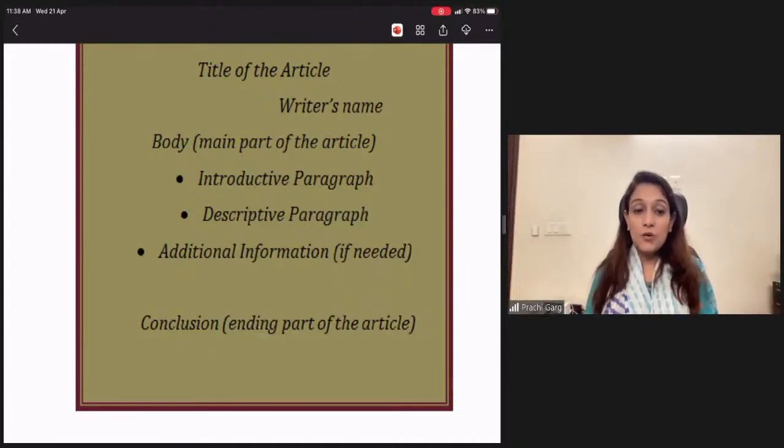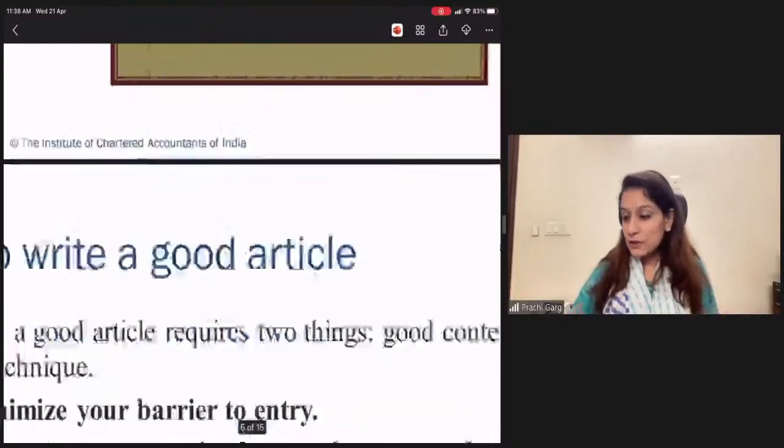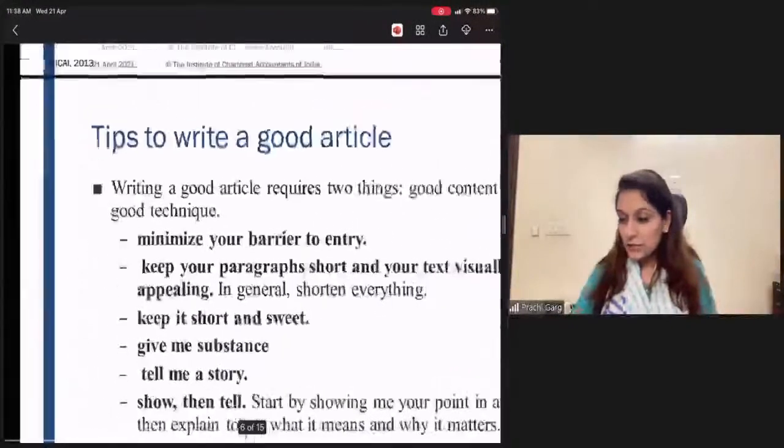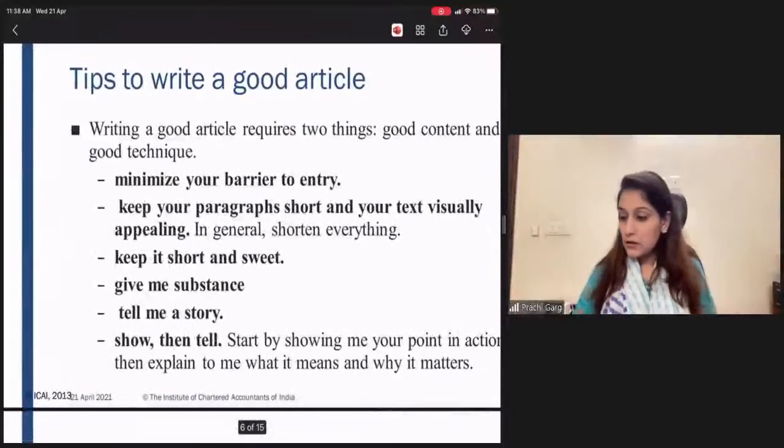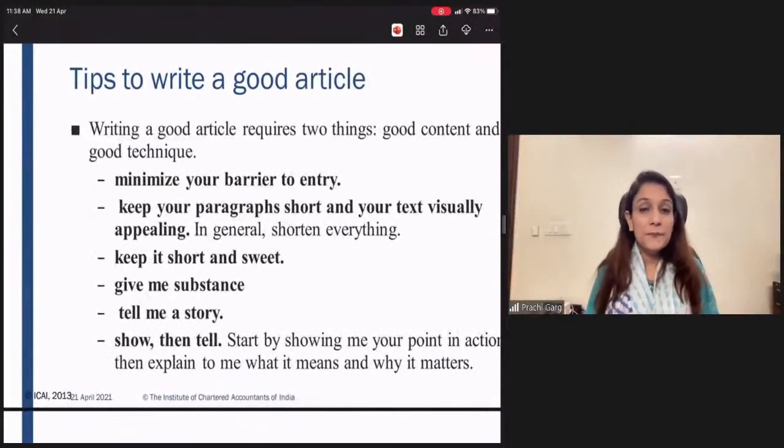Whatever I'm telling you right now, I will be discussing through examples. This is just the framework that I'm giving you. Now, tips to write a good article. This you will only understand once we start discussing our examples, right? Do you want me to discuss one example with you before we go for a break, so that you will understand what other things I'm talking about?